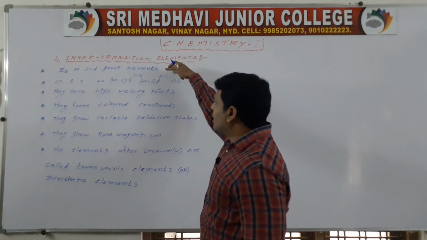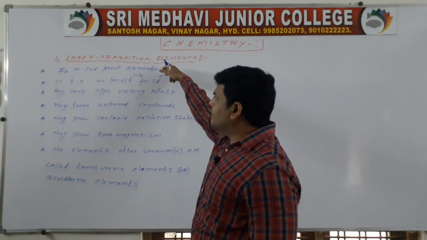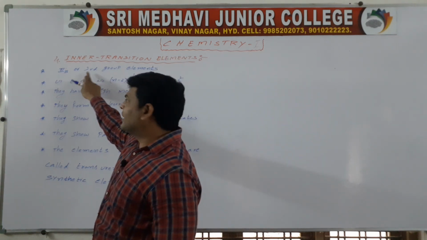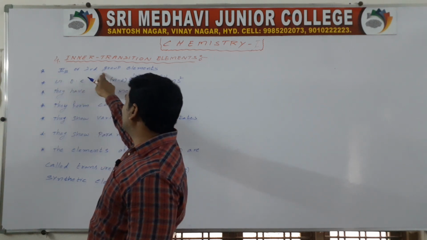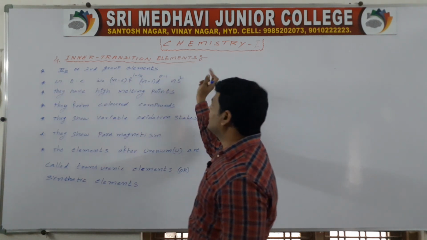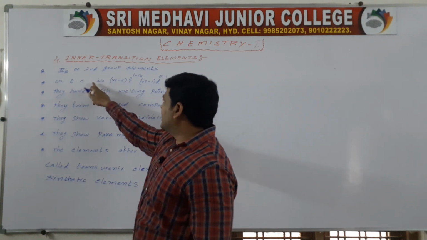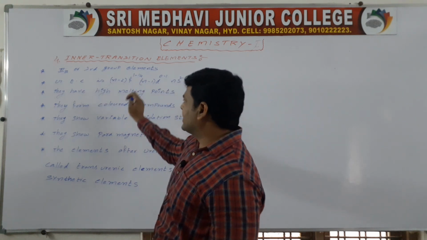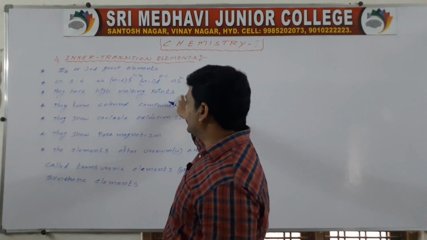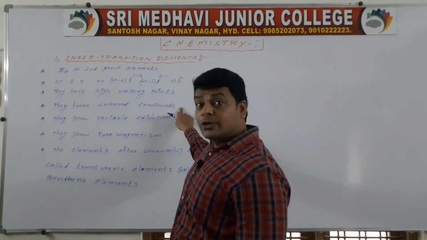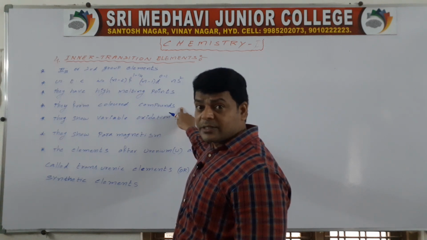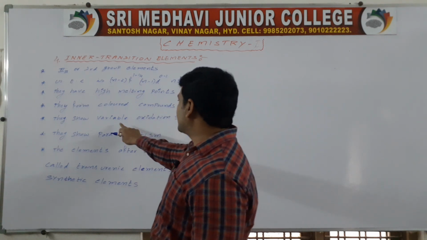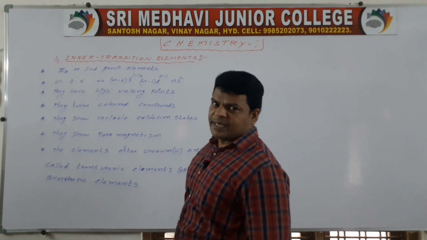Third B group, or third group, is the IUPAC naming, a general naming. Third B or third group elements are called inner transition elements. The general electronic configuration is like this. They have high melting points, and they form colored compounds due to the presence of unpaired electrons or partially filled d and f orbitals. Then they show variable oxidation states.